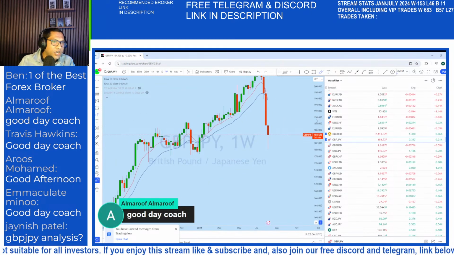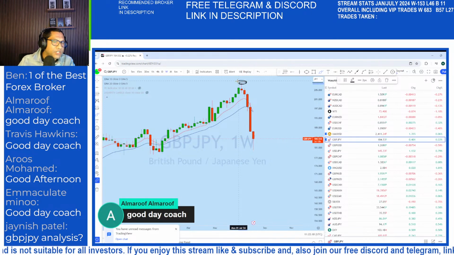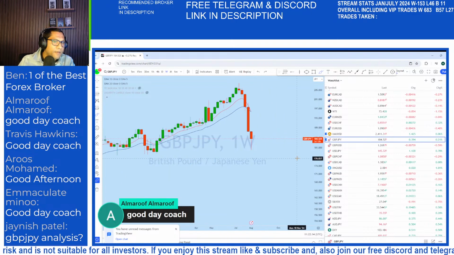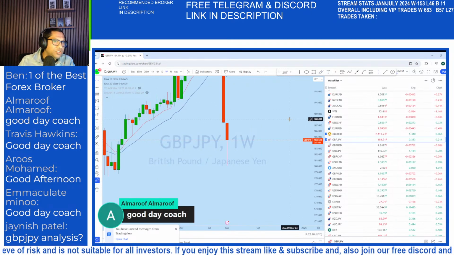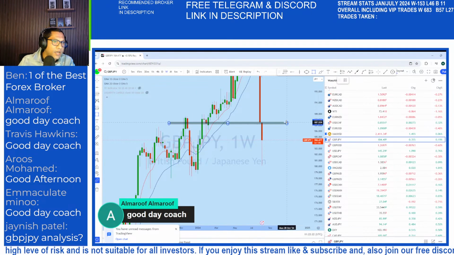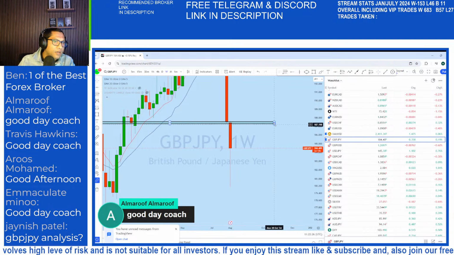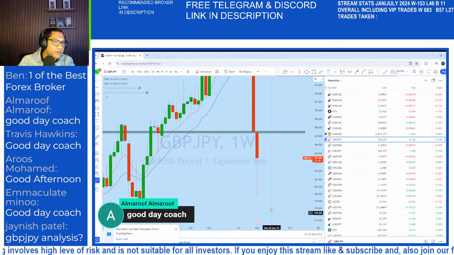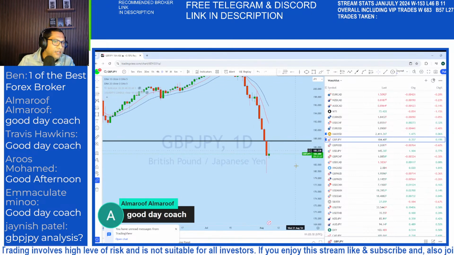Looking at the weekly chart, this is the weekly price action, a very strong drop on the weekly. So far this week we have also seen bearish. Let's see what kind of price action there is. There is a gap open this week, and with this gap opening, it has dropped below, dropping down to the daily.